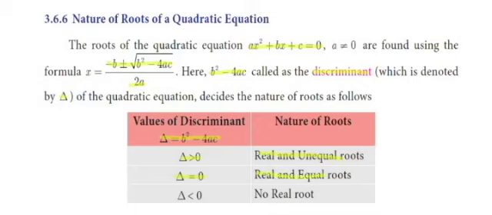If the discriminant is less than 0, that means negative value, then it is said to be no real roots.